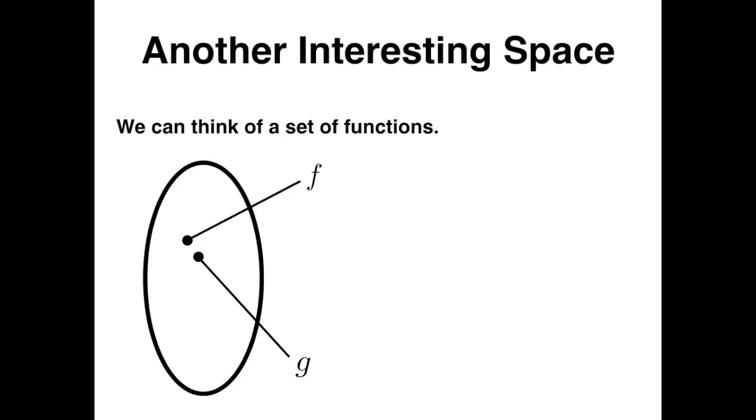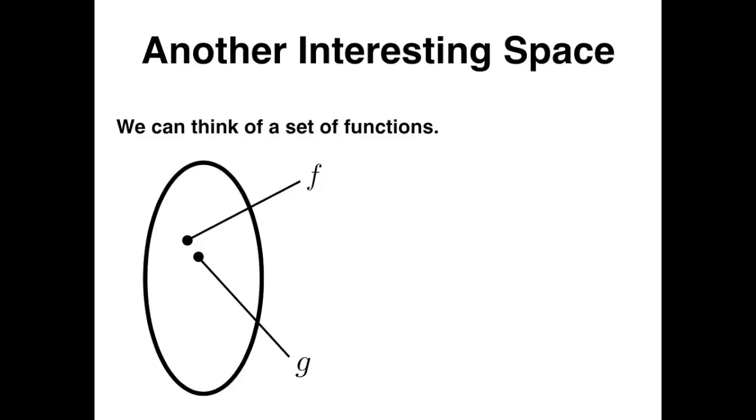So we've been generalizing our definition of the derivative for functions that map more and more interesting types of sets or spaces. And so here we're going to talk about a more broad definition of derivative. We can think of a set of functions as a domain.